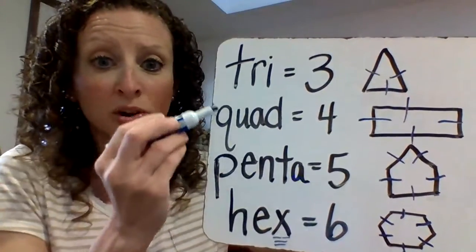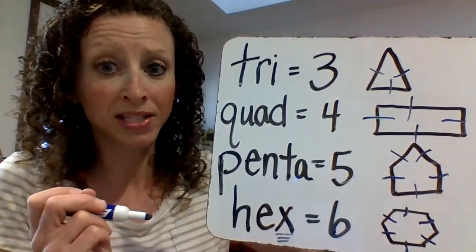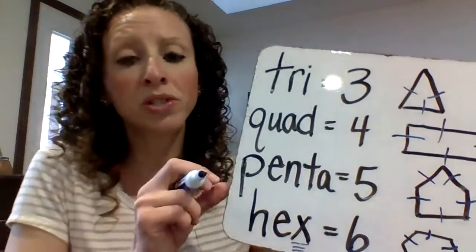So these are your prefixes that I want you focusing on to help you with today's lesson, okay? So when you take a peek at today's lesson, which I'll get out, and we'll kind of look at it together to make sure that you're okay and ready to go. I see that you will be kind of labeling those sides again, okay? And trying to figure out which shape is which.